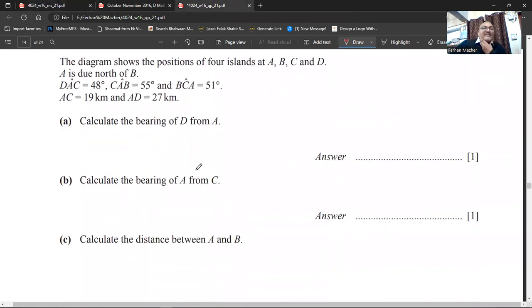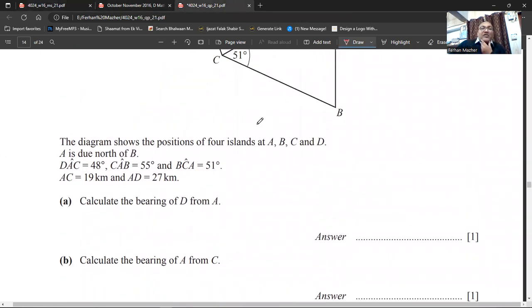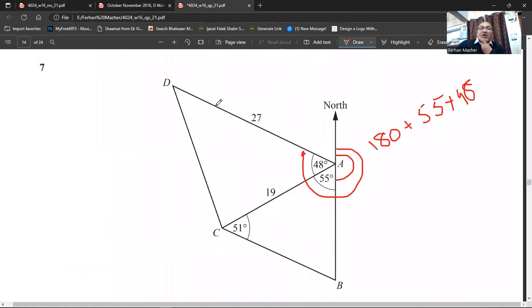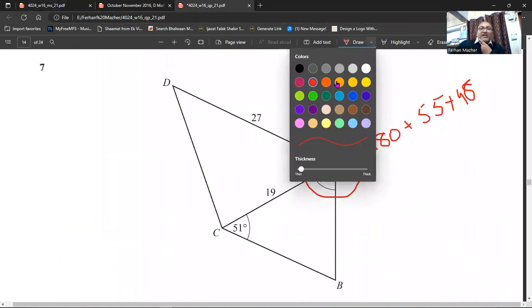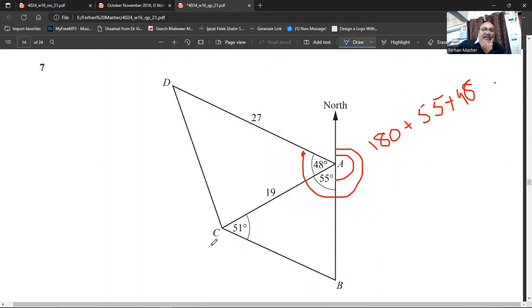Then he says calculate the bearing of A from C. They want me to find out the bearing of A from C. From C means that you draw a north here, and for A from C, I want to find out from that north, going clockwise to the CA line.